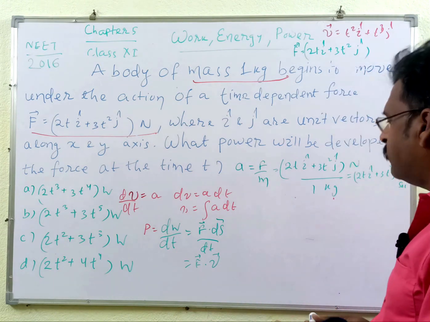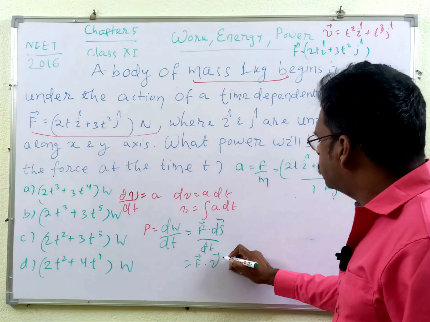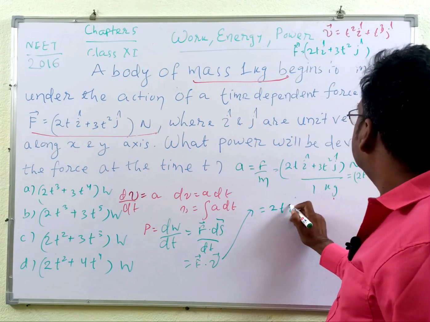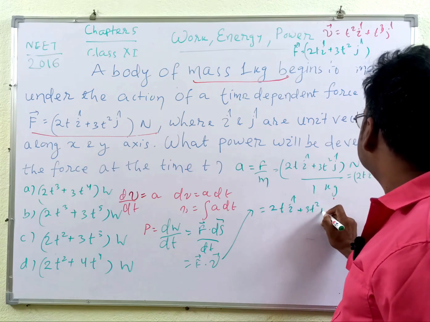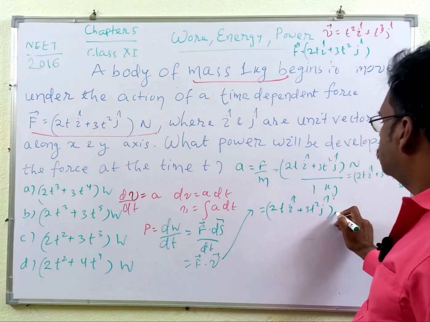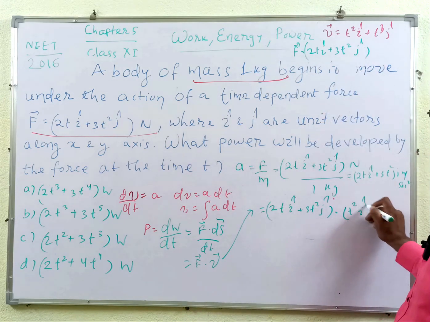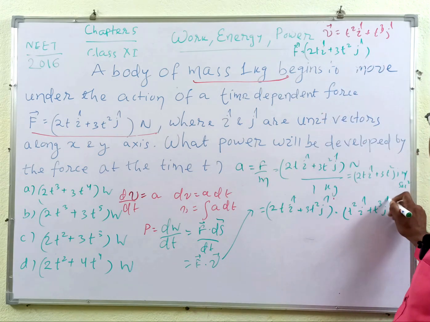The value of force is equal to 2t i cap plus 3t² j cap, dot, what is velocity? Velocity is t² i cap plus t³ j cap.